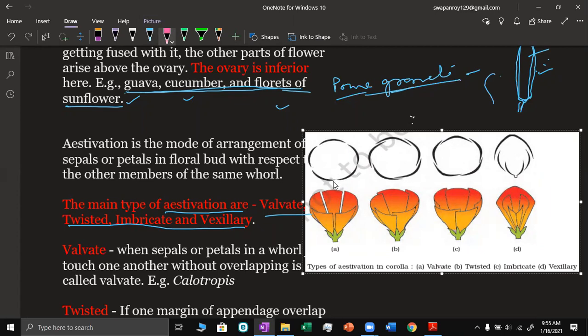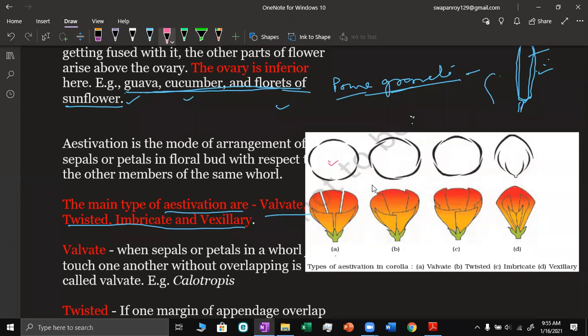This one of course is showing a polycephalous condition, but here the petals or sepals are not overlapping, they are just meeting. So this is called valvate, number one.